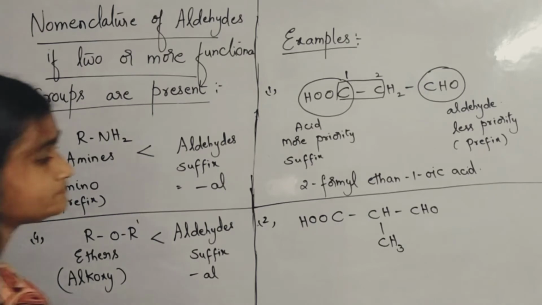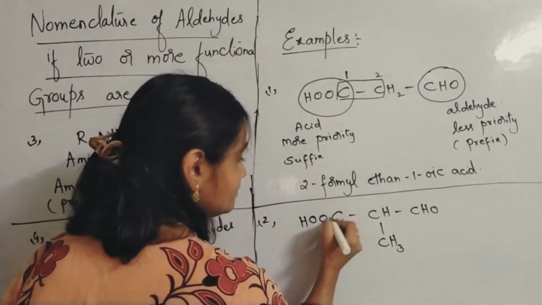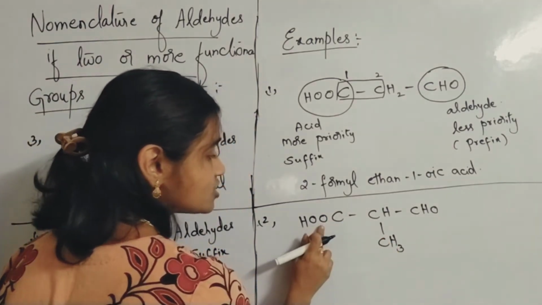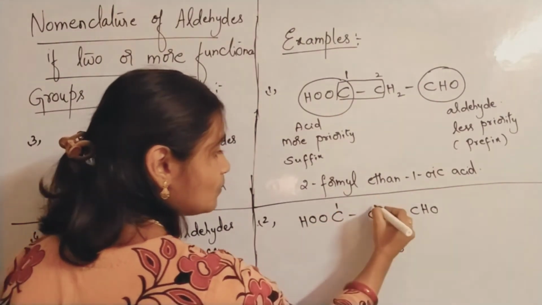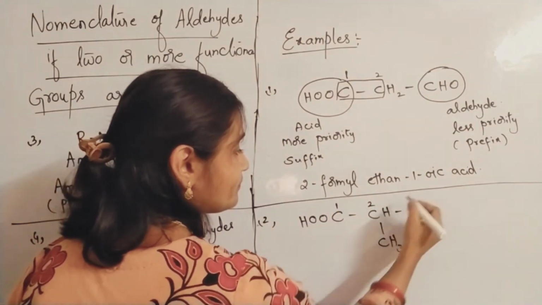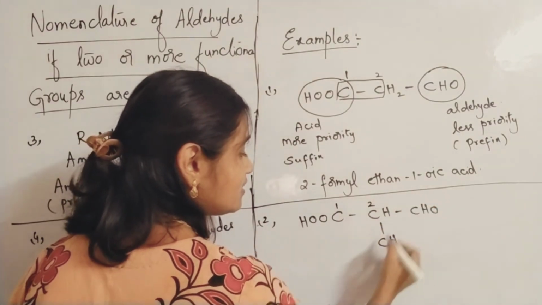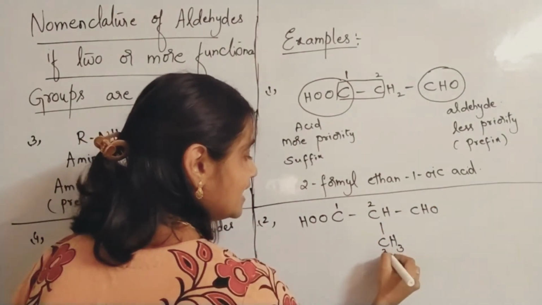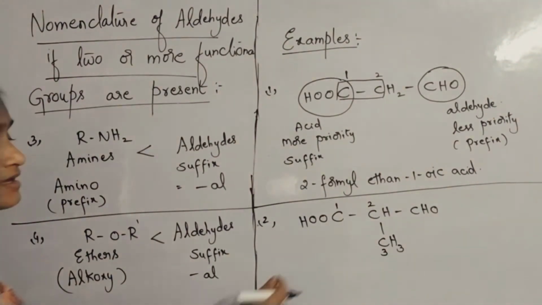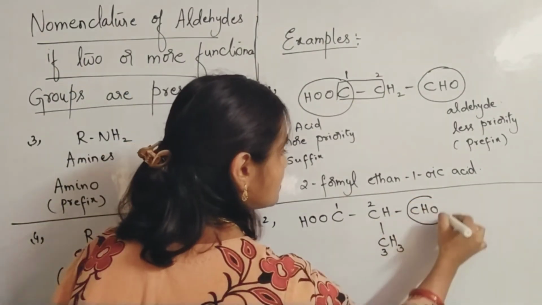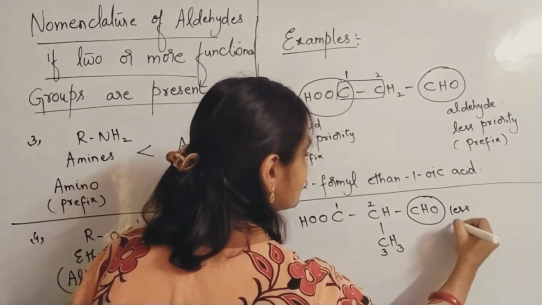Here this is the more priority functional group. So acid will start giving numbering from this end, 1, 2. Will you give 3 here or 3 here? I'll be giving 3 here. Please try to understand carefully. It is having less priority.